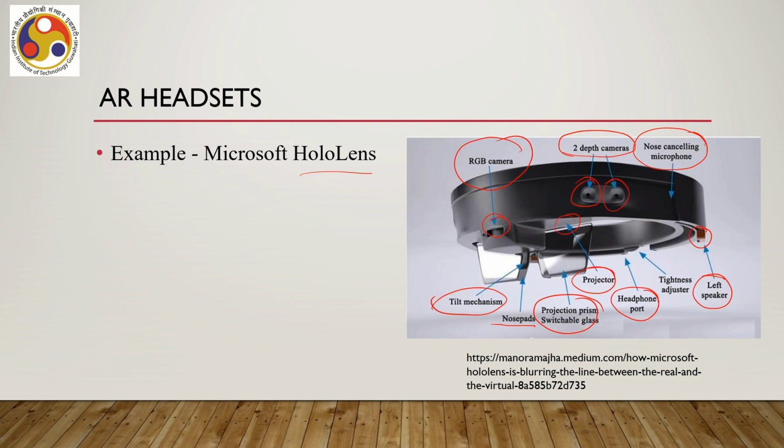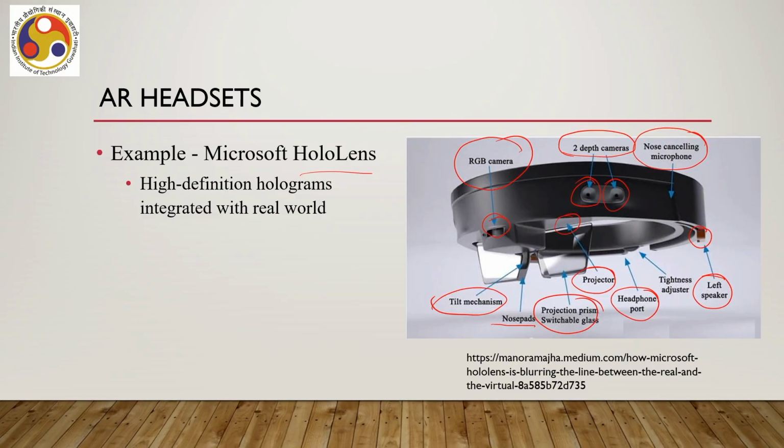This device, Microsoft HoloLens, comes with a lot of sensors, cameras, depth cameras and so on. Many of these are not relevant for VR. So, typically VR headsets do not have so many components.